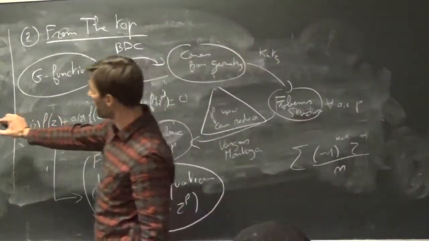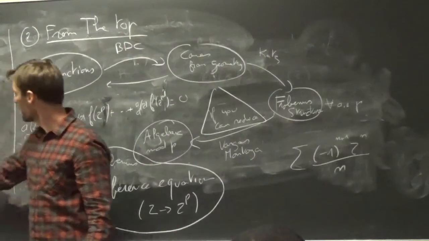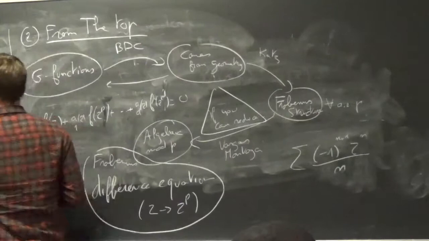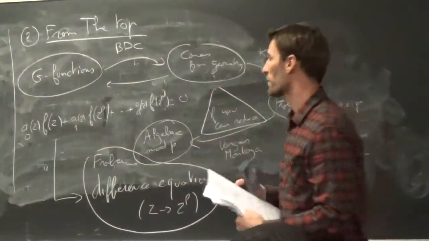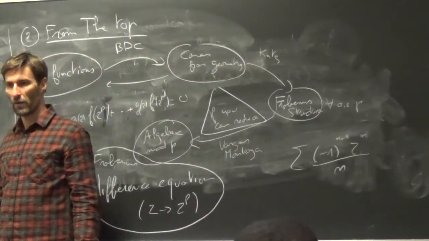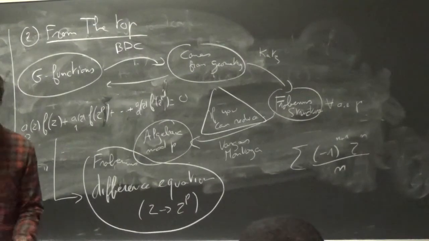And in this particular case of our sequence FR, look at this. If I put a p inside, what we have is not only a difference equation, but a difference equation of order 1. Okay? So FR satisfies a differential equation of order R. Order 1 is better than order R. And that's the point.